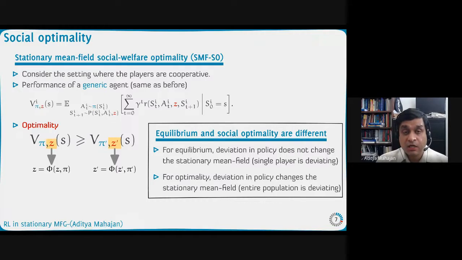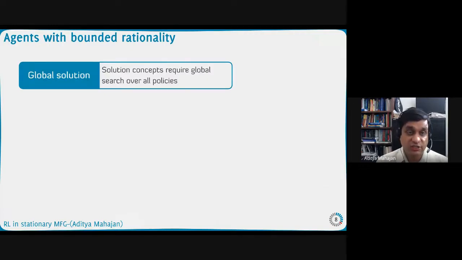Okay. So what I'm going to do now is look at these two solution concepts, that of stationary equilibrium and stationary social optimality, and refine them a little bit, and then think of reinforcement learning for achieving these equilibria. So one of the challenges with working with these notions of equilibrium is that these are a global solution concept.